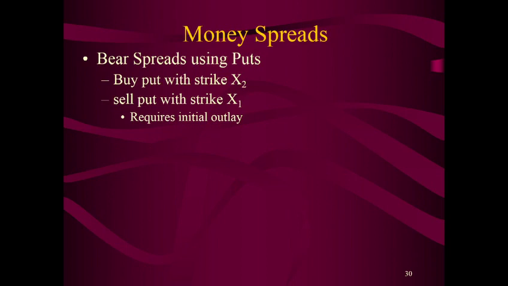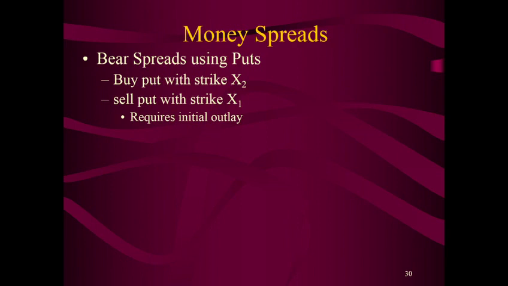Because with a bear spread, you short the lower strike, you buy the higher strike, right? So if you use calls, the lower strike is going to be worth more than a higher strike, right? Yes or no? Okay, a call with a lower strike is going to be worth more than a higher strike, right?